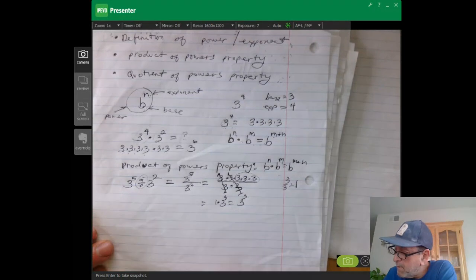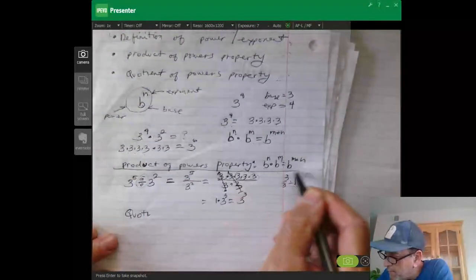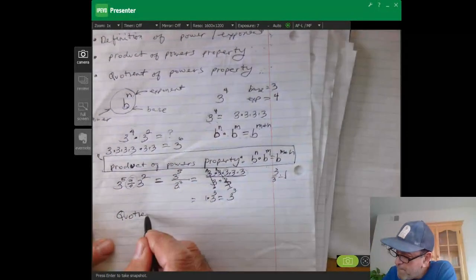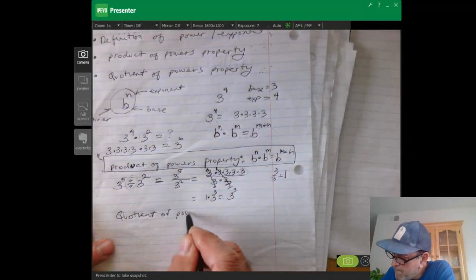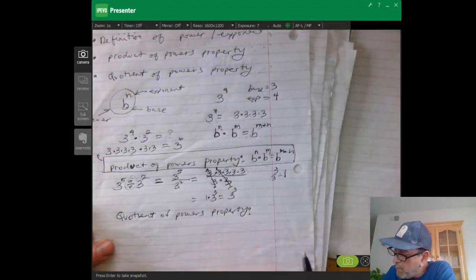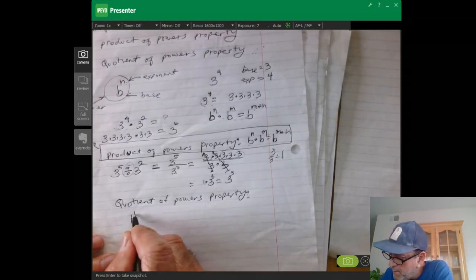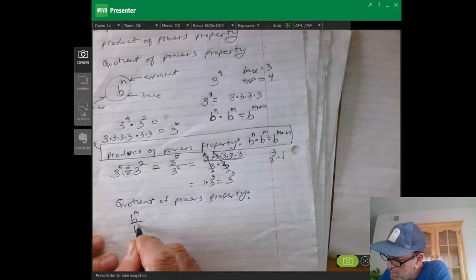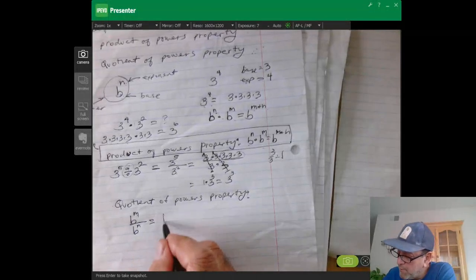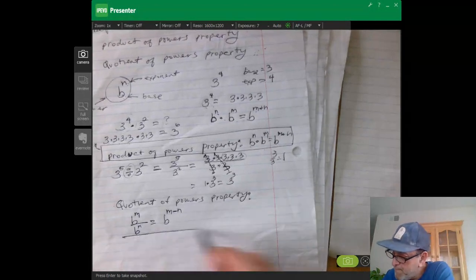So our rule for the quotient of powers property is going to look like this: b to the m divided by b to the n. When you divide, we take these exponents and subtract. Just like that.